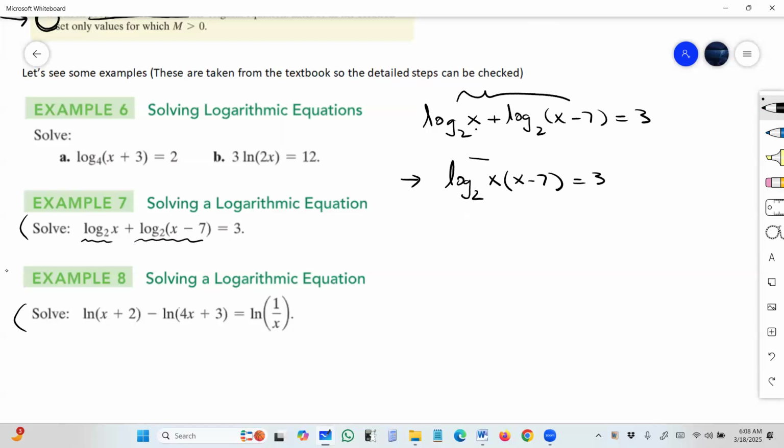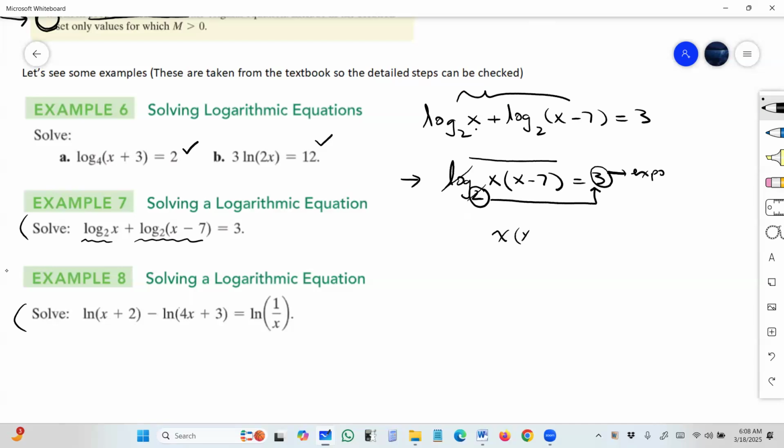Now I have a single log expression on the left, and I'm ready to begin. Just as before, it's the same technique that we use here and here. We're going to exponentiate both sides of the equation using this base. So this number goes right here. The 2 becomes the base, and 3 becomes the exponent. And then this will cancel with that.